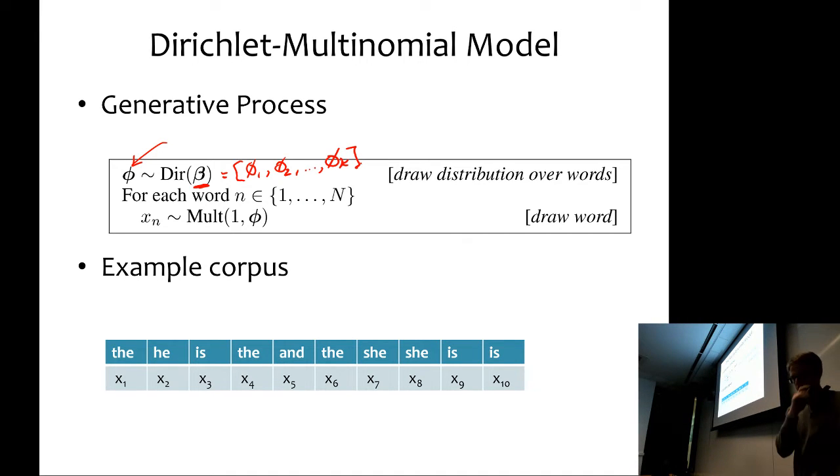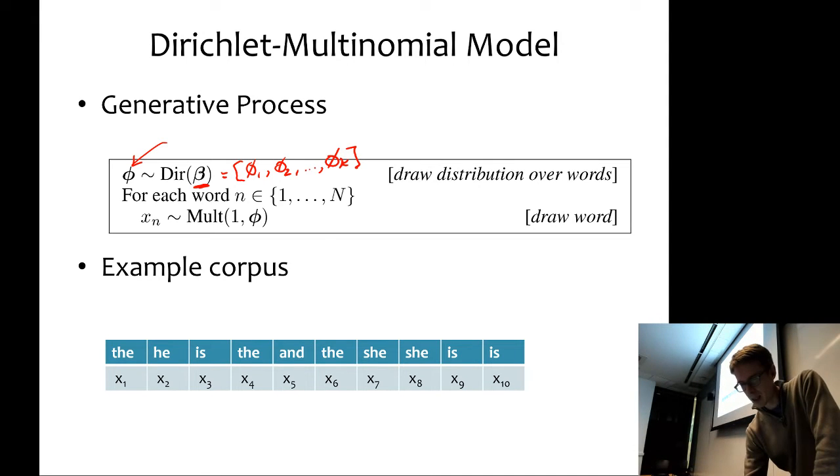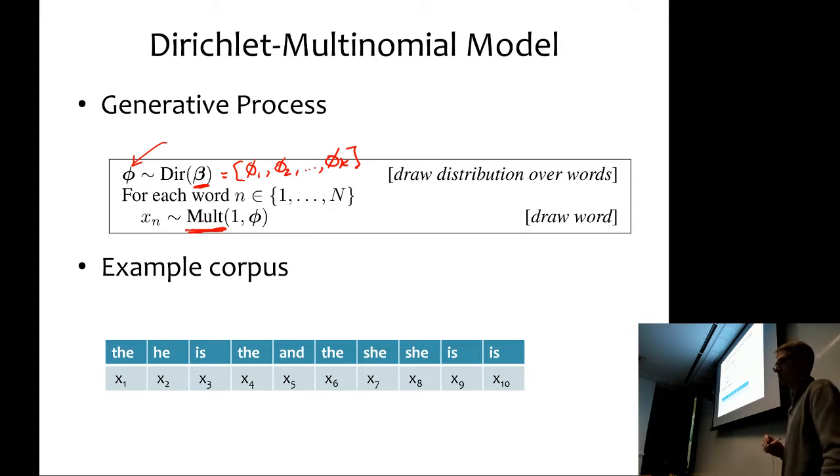And then we're going to sample words from this model by saying for each word, sample from a multinomial distribution with parameters phi. Does anyone remember why I wrote multinomial 1 phi here?